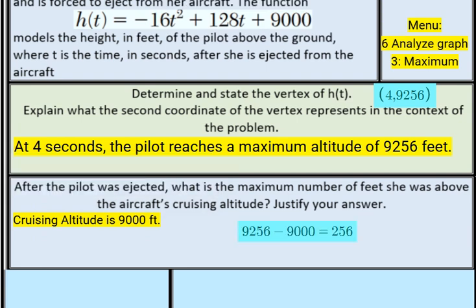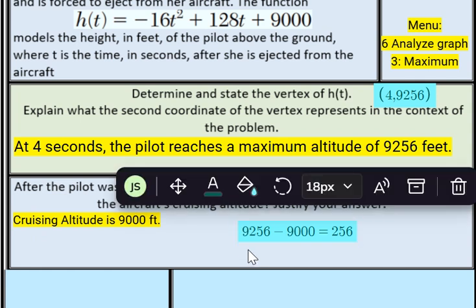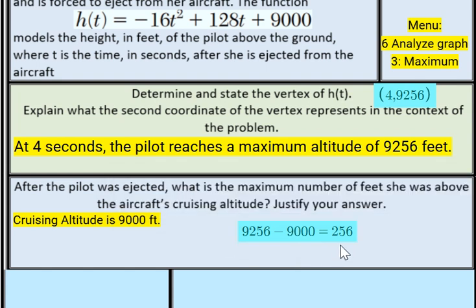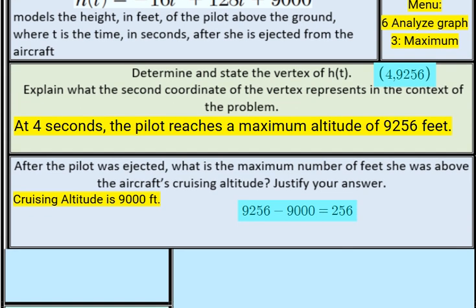So when she was ejected, she got sent above cruising altitude. So she went up to 9,256 feet. If we subtract the 9,000, the highest point, she was 256 feet above cruising altitude. And that is full credit for question number 14.